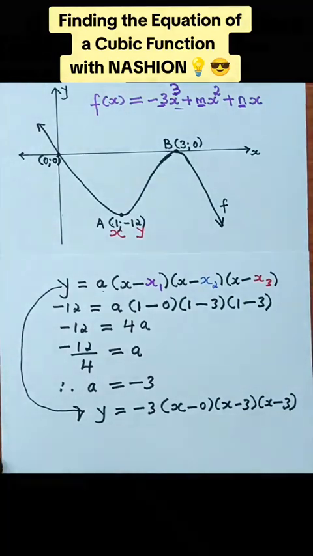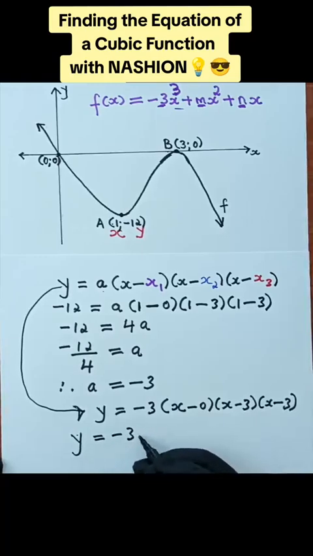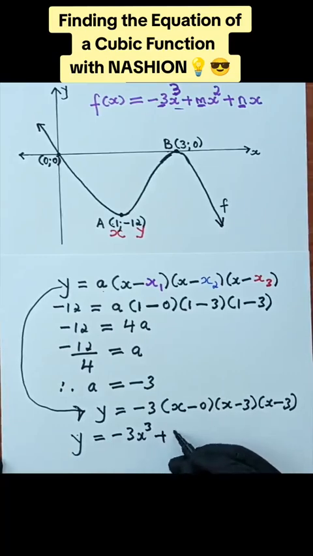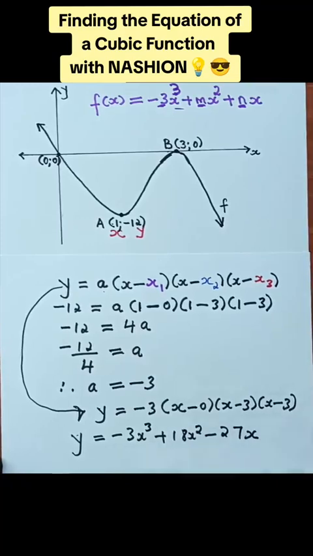After removing the brackets, our final answer should be negative 3x cubed plus 18x squared minus 27x. Then our equation is completo and checkmate.